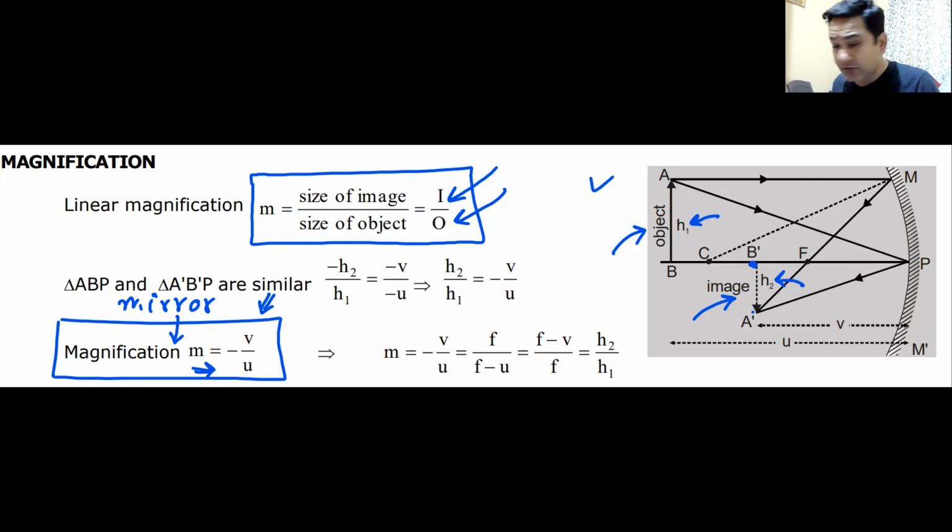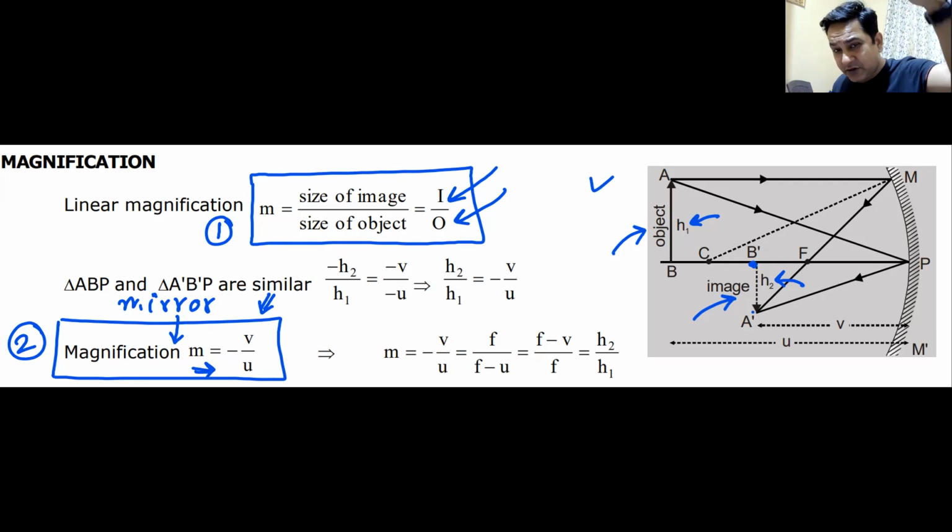So what are the formulas that you must remember? Formula number one is the definition of magnification, height of the image divided by the height of the object. Formula number two is the formula that we have derived from the above relation, minus v by u. Remember, all these formulae are derivable from each other. They are not independent formulae.